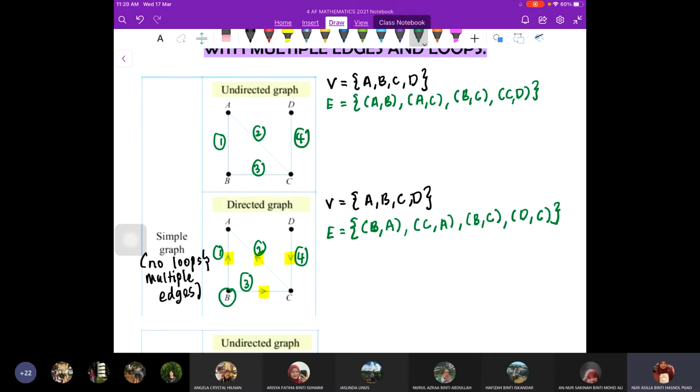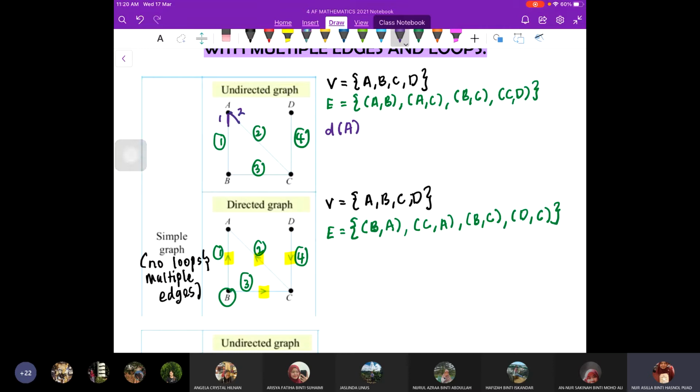Okay. Alright, sekarang kita pergi tengok macam mana nak calculate degree. This is the issue now. How we calculate degree. So, saya dah ajar, kamu nak calculate degree untuk undirected graph, kita tengok je setiap vertices tu, berapa banyak edge yang bersambung dengan dia. So, A ada 1, 2.